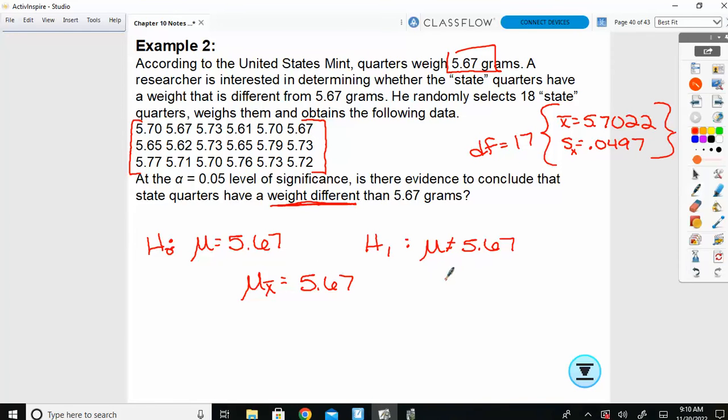The standard deviation for x bar is our sample standard deviation from up here divided by the square root of n. So we get 0.0117.